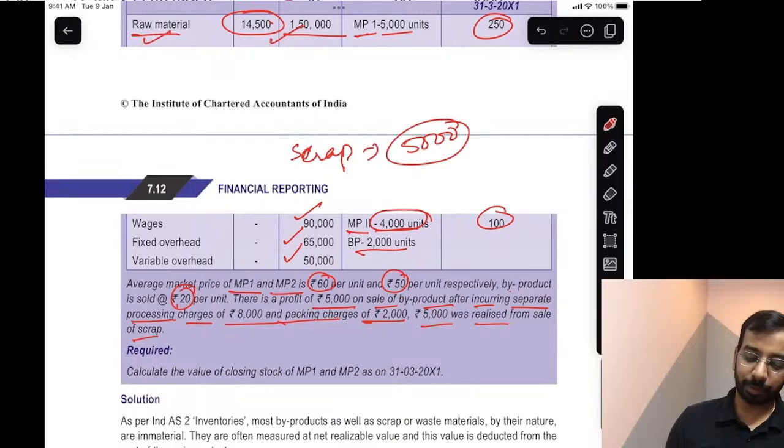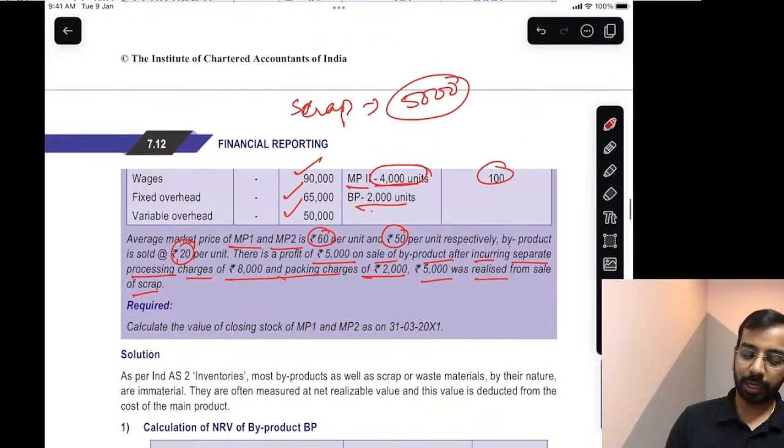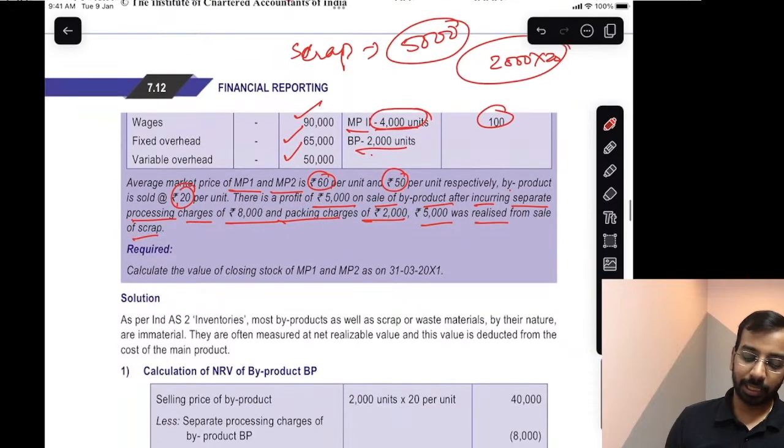How much byproduct were there? 2,000. So you sold it at 2,000 into 20 per unit, and you got a profit of 5,000 on sale of byproduct. What are the additional expenses you incurred? 8,000 on processing, 2,000 on packing, only these two. So 10,000 was incurred, and ultimately you made profit of 5,000 on sale of byproduct.